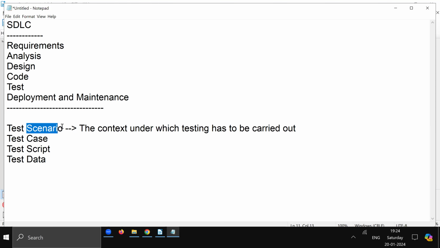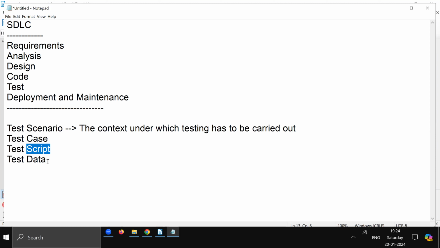So scenario is at a very high level. At a very high level, you have to first divide the whole testing work. Okay. And then you have to take each high-level division. Under it, you have to find one or more test cases. And then for each test case, you have to develop test script.